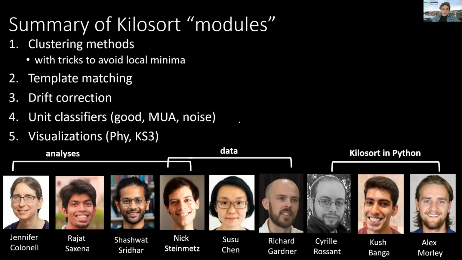The unit classifier is not yet pushed in Kilosort 3. It's something that we're developing for the Python version because it requires some Python modules, and that itself has been lagging for a while. So let me focus on the clustering model in Kilosort 3.